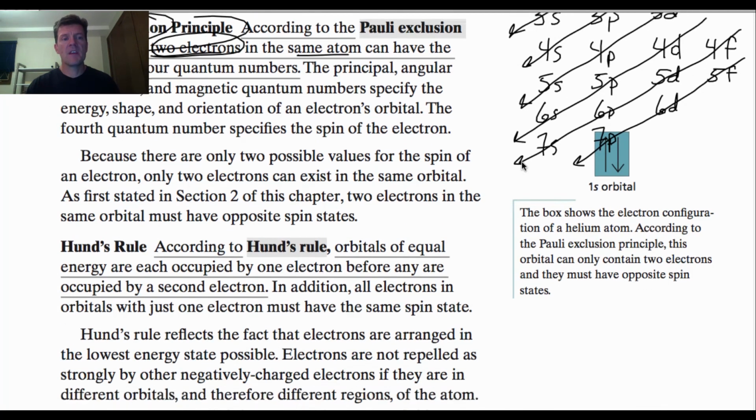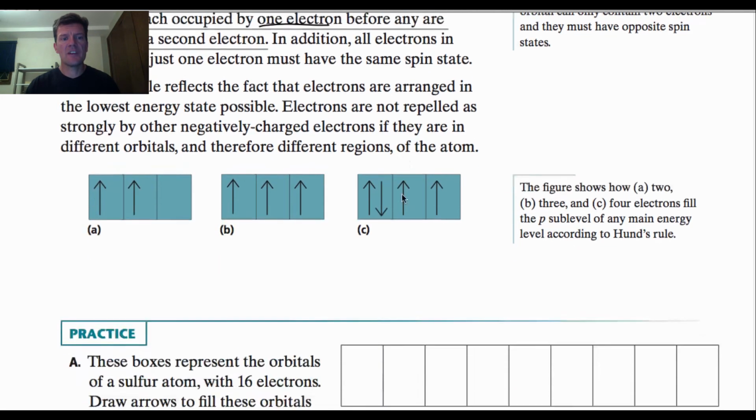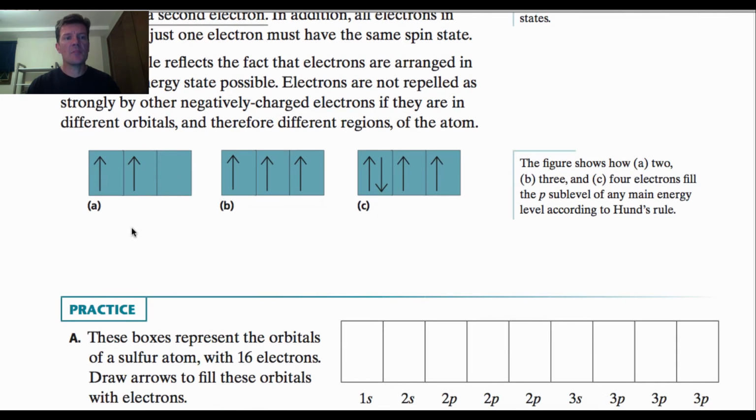Okay, and then Hund's rule says basically that if you have 1 electron in an orbital, you keep putting 1 electron in all the orbitals in that same energy level, and then you go back and start to double them up. So for example, if these are all p orbitals here, there are 3 different p orbitals. You would put 1 electron, the up arrow there showing you an electron that's spinning one direction.